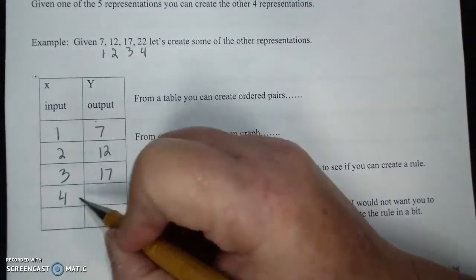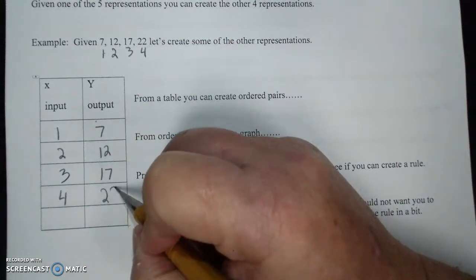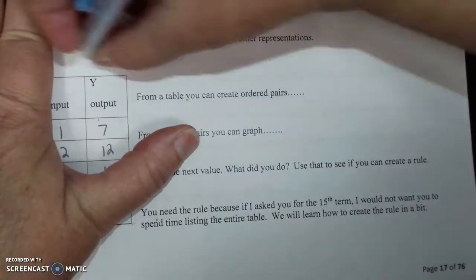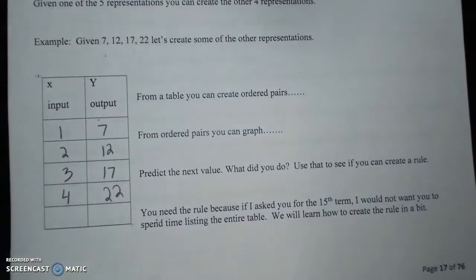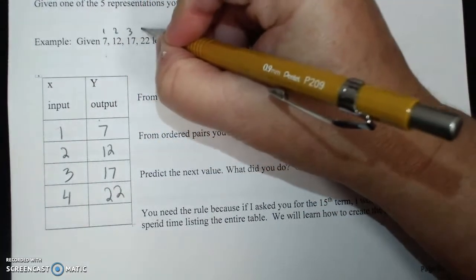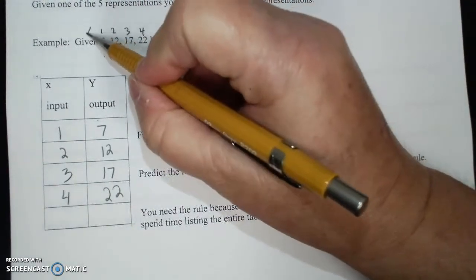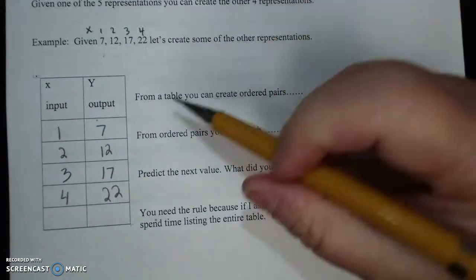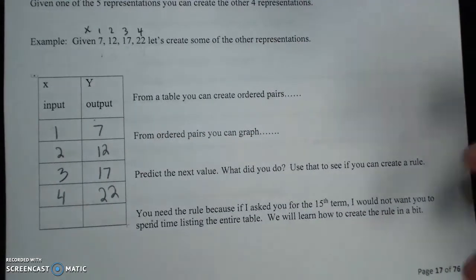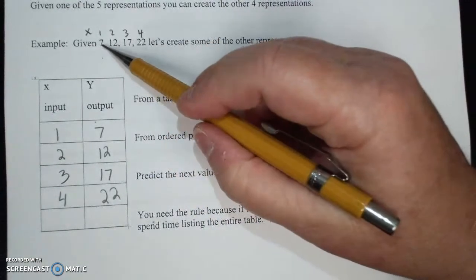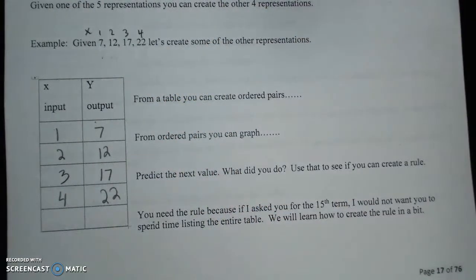The fourth number is 22. So I'm actually going to list them, and instead of putting the position numbers on the bottom, I'm going to put the position numbers on the top. Therefore, conveniently, these are my X's and these are my Y's. X is always input, Y is always output, N is the nth term. So the first term, the second term, the nth term.